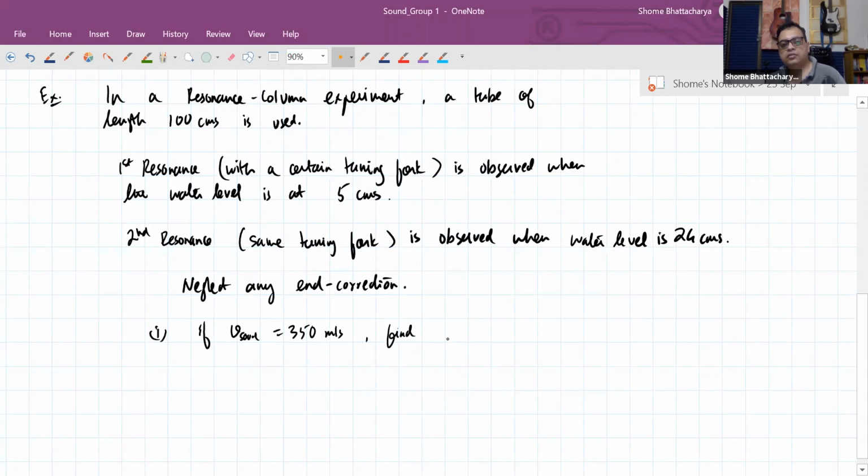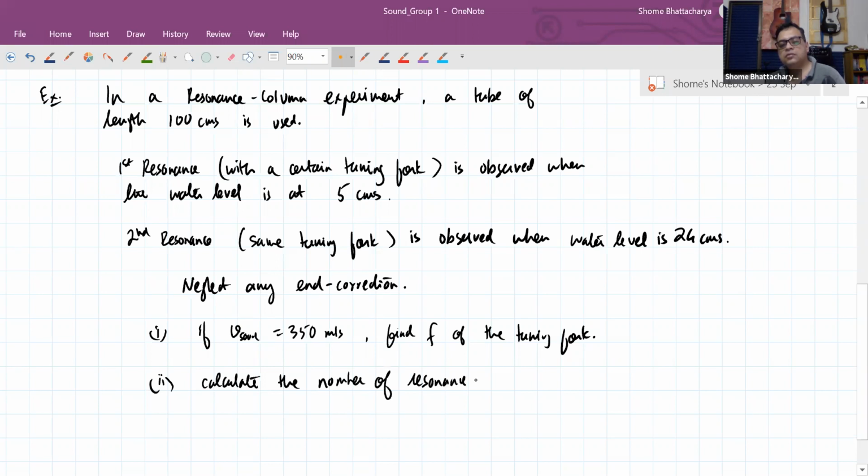find the frequency of the tuning fork. Calculate the number of resonances which will be observed, and the level of water in each case.